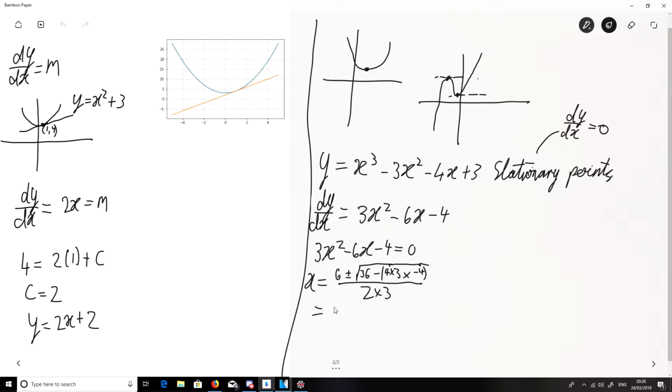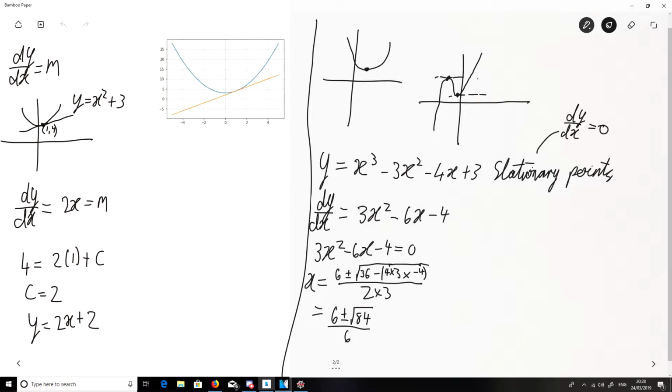If you don't know what I'm doing here with the quadratic formula, just check out my first video, which was on solving quadratic equations, where I explain this process. So this is equal to 6 plus or minus square root of 84 over 6.